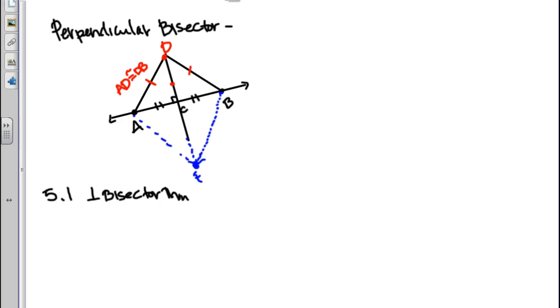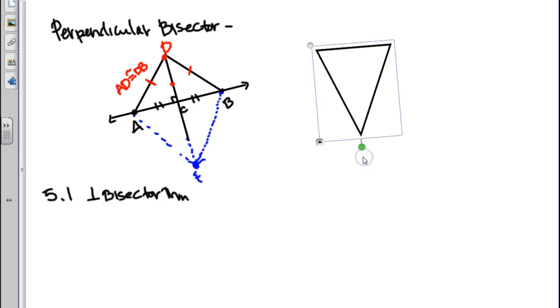Let's say that I have a triangle here. Let's grab a triangle and just flip this around. All right, so I have a perpendicular bisector.